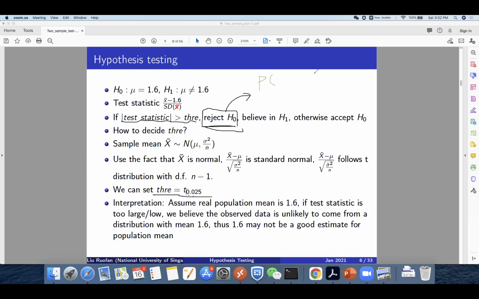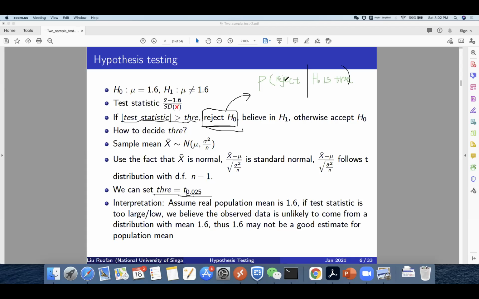So what is its probability? Given t is 0.025, this is a conditional probability. I'm not an expert in statistics. Actually, Ruofan is. So if I do not phrase myself well, Ruofan, you can help me rephrase. Yeah, I got your point.